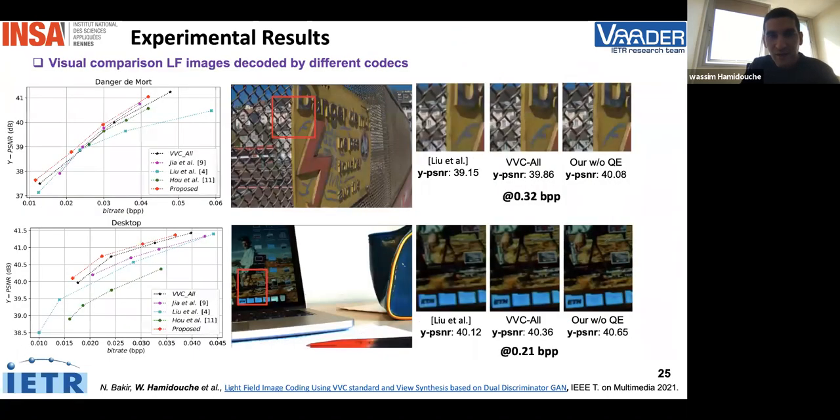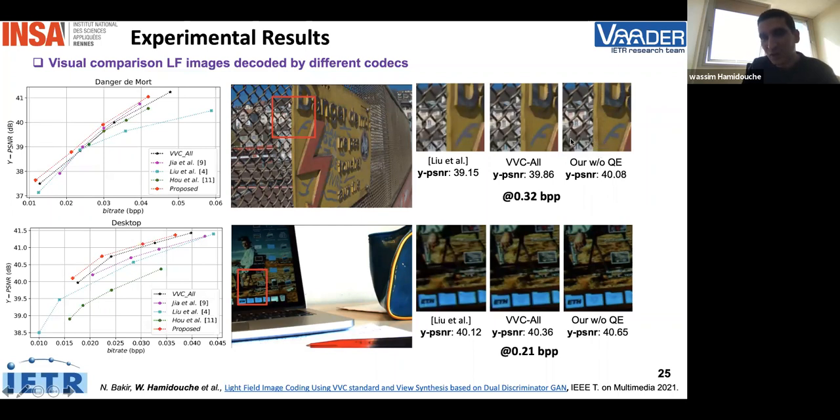Now I will give some visual illustrations of two light field images. The first one here is Danger de Mort, encoded at 0.32 bits per pixel. Here is our solution without quality enhancement. And here it is for the second image, which is Desktop. We can see that these views are both synthesized by our D2 GAN synthesizer block.